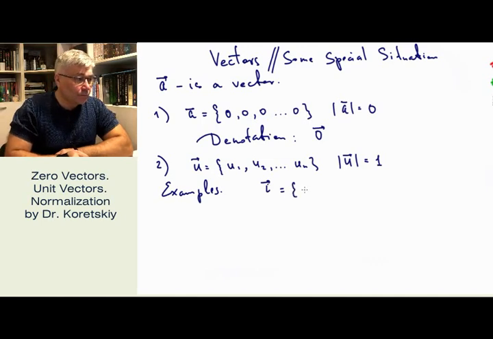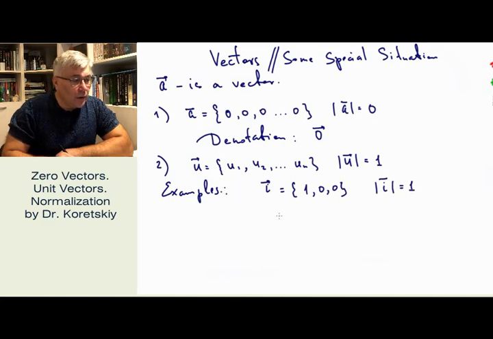Examples. I denote the i vector here. It has 1 as the first component and zeros.